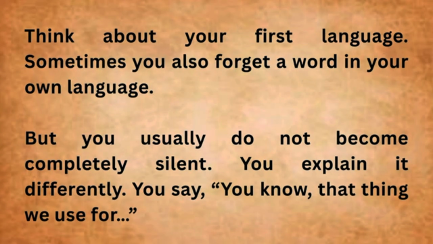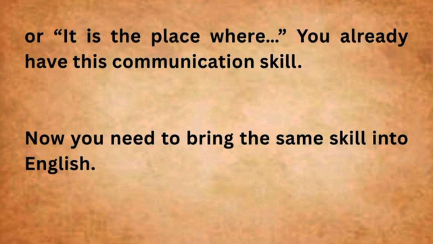Think about your first language. Sometimes you also forget a word in your own language, but you usually do not become completely silent. You explain it differently. You say, "that thing we use for," or "it is the place where." You already have this communication skill. Now you need to bring the same skill into English.